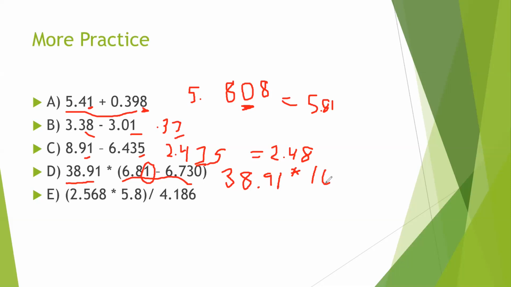So after we do the subtraction, we get 38.01 times 0.08. And then we get a final answer of 13.1128. And then we round it to 3 significant figures, so it's 13.1.